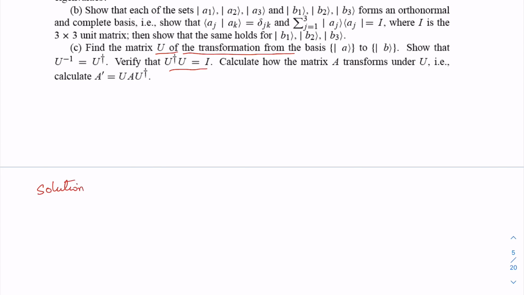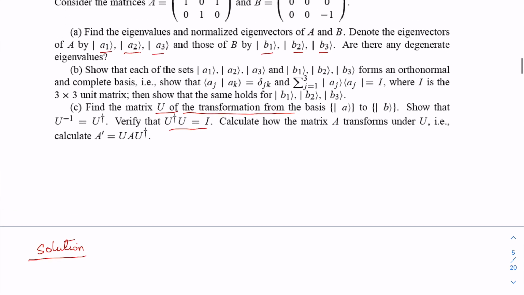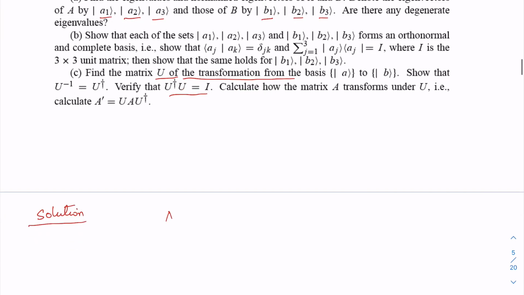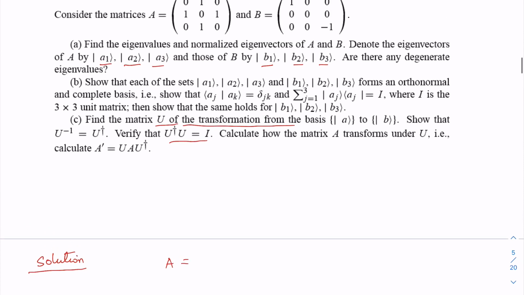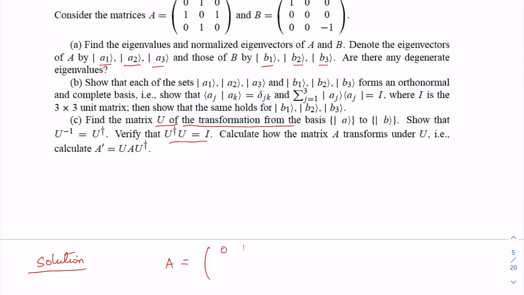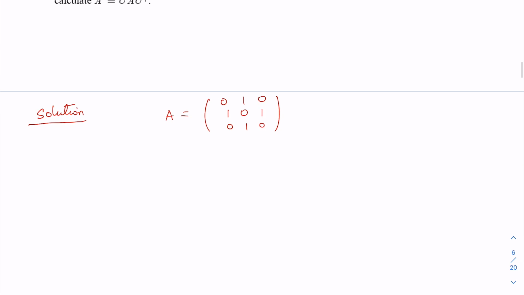So first of all, to do the first part, let us work out the eigenvalues of A by solving the characteristic equation. So we have A equal to [0, 1, 0; 1, 0, 1; 0, 1, 0], and you know the characteristic equation.